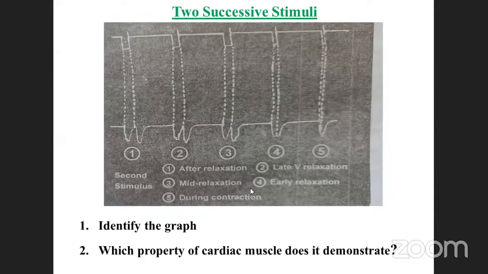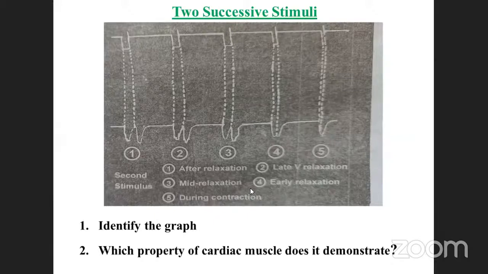Then during the contraction, only a single beat will be there because the first stimulus falls. Is it clear? Due to the beat, contraction of the heart is there, and during that the second stimulus falls. So in case of the fifth condition, during contraction, the second stimulus is ineffective. In the examination they may ask you why there is no increase in the height of contraction in the fifth condition.